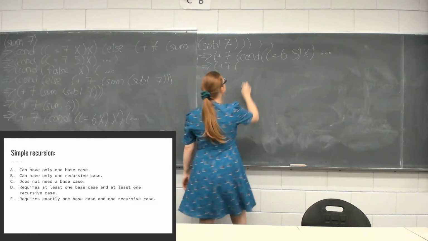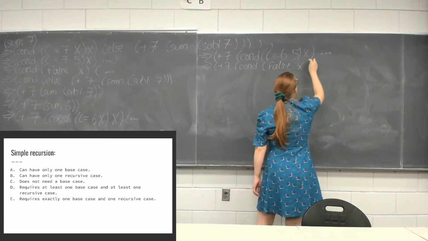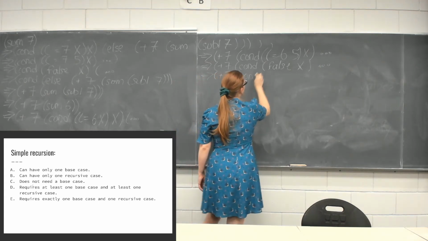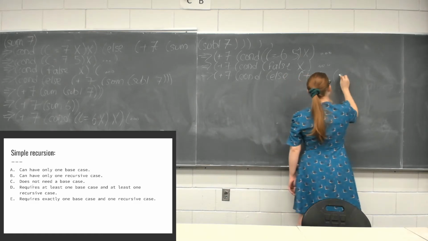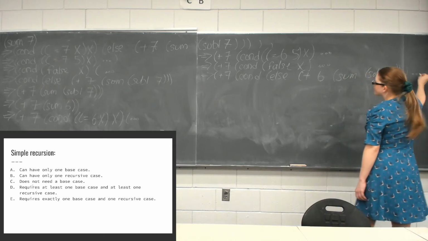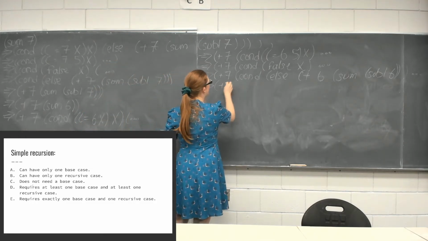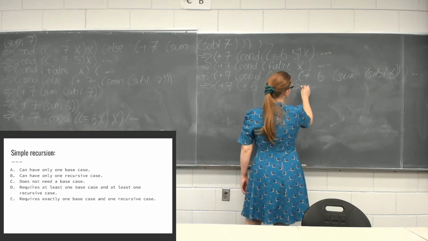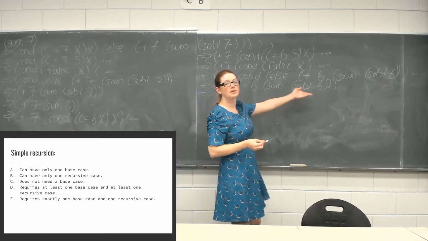Five and 6 are not equal. Else is always true, and so we're going to drop that. We evaluate removing 1 from 6.